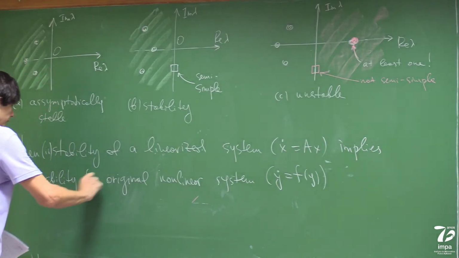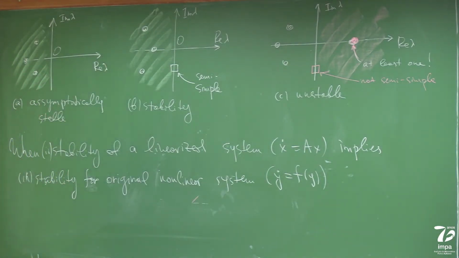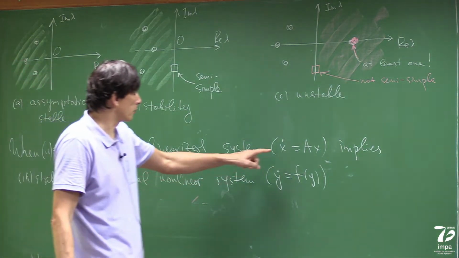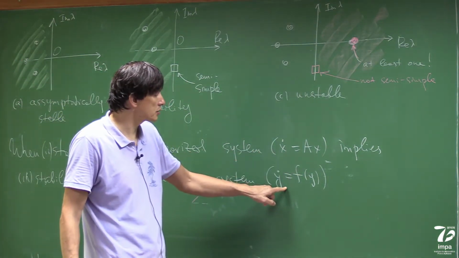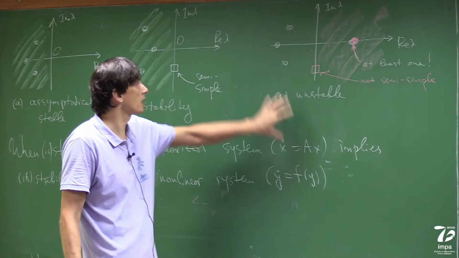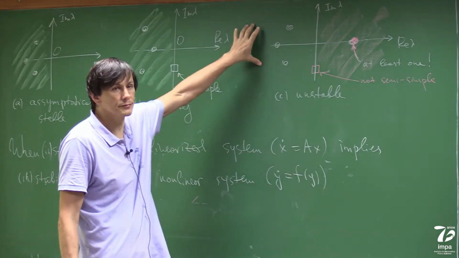Remember how we obtained the linear system. We have an equilibrium in this system. We linearize near the equilibrium. We can study if this is stable or not.